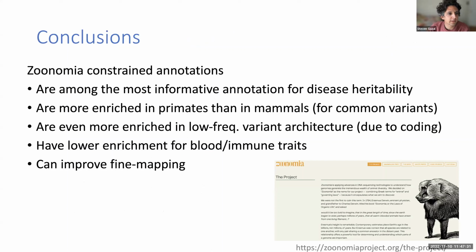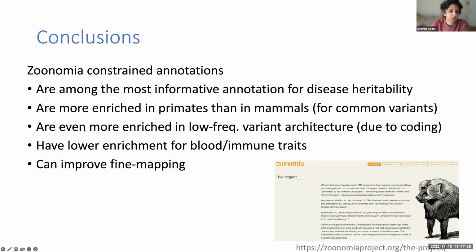So the conclusion is that Zoonomia constraint annotation was the most informative annotation to study human disease. They are more enriched in primates than in mammals. That was surprising at first, but it can be explained by the fact that human diseases are driven by common regulatory variants, and it looks more relevant to use conservation in primates than in mammals to look at the non-coding genome.